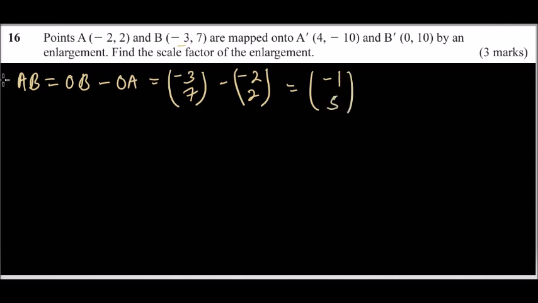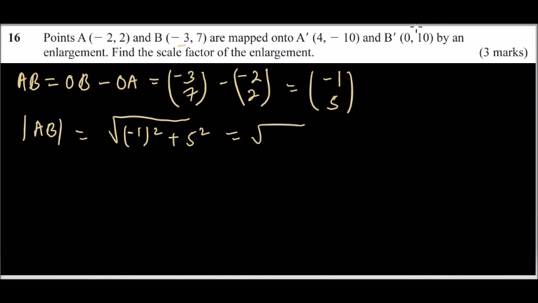So that is AB. To get the magnitude of AB, it is the square root of -1 squared plus 5 squared, which is equal to the square root of 26.